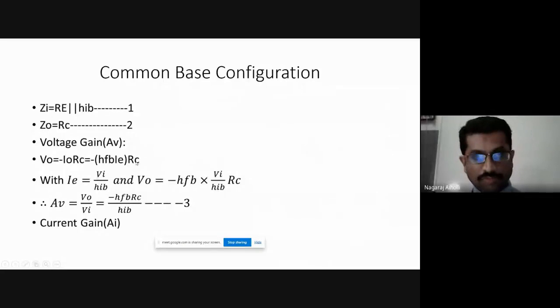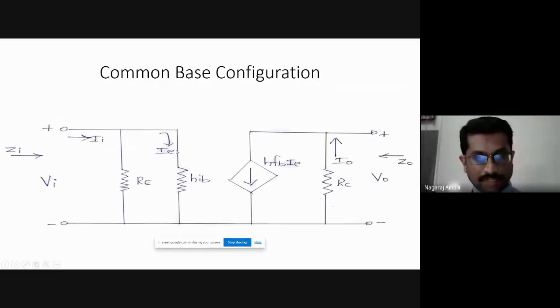Then find the equation for IE, the emitter current. We know that it is a ratio of voltage to resistance according to Ohm's law. The voltage across these two terminals is VI, the input voltage, it is in parallel, and the resistance is HIB.